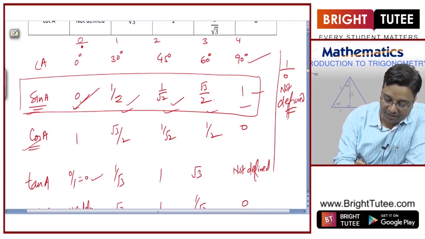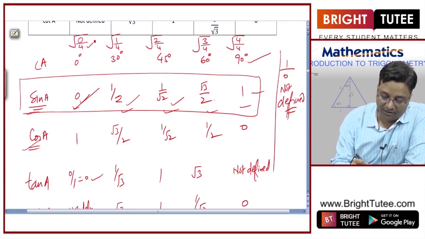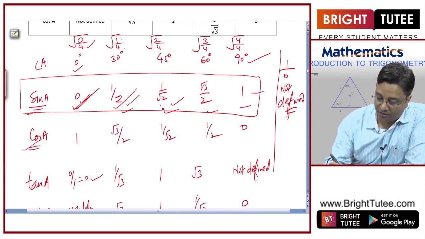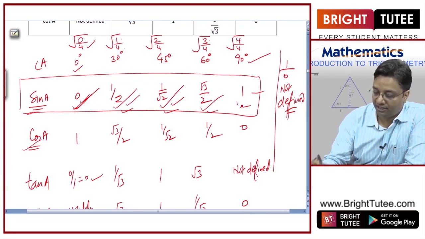Right? Then they divide this by 4. And then they take the square root. Now what is this? This is 0. 1 by 4 square root is 1 by 2. 2 by 4 is 1 by 2, and then square root is 1 by root 2. 3 by 4. So this will become root 3 by 2, and 4 by 4 will become 1. Square root is again 1.